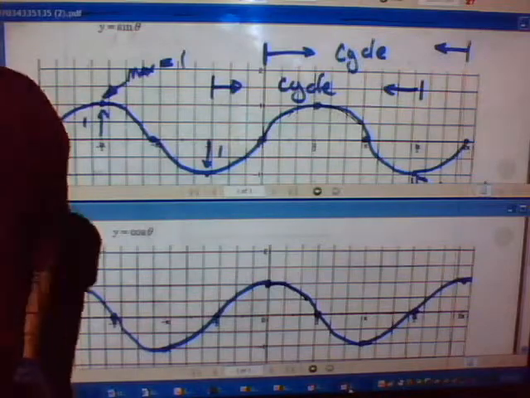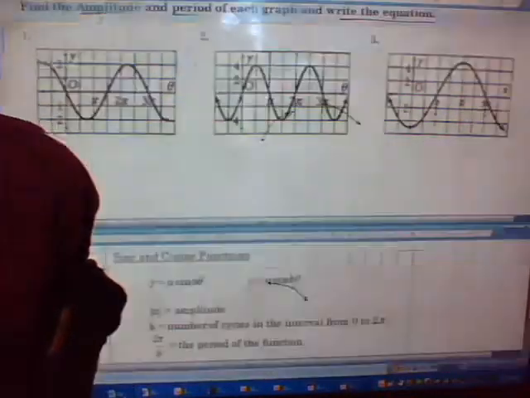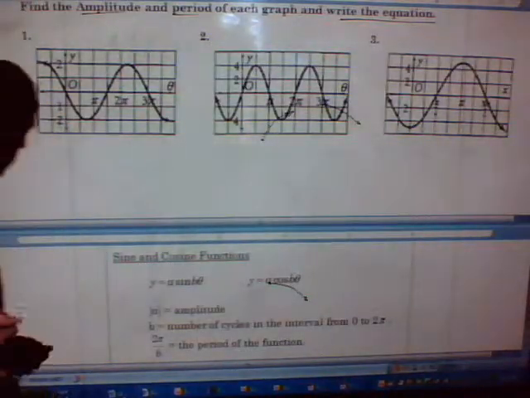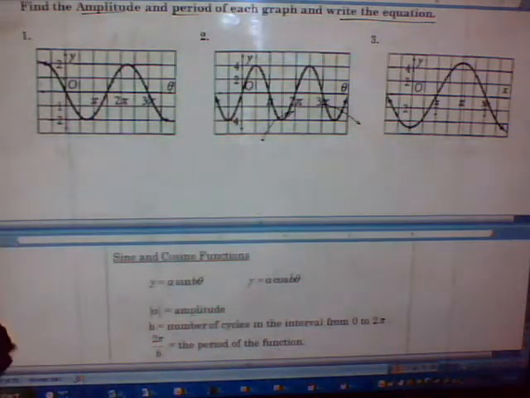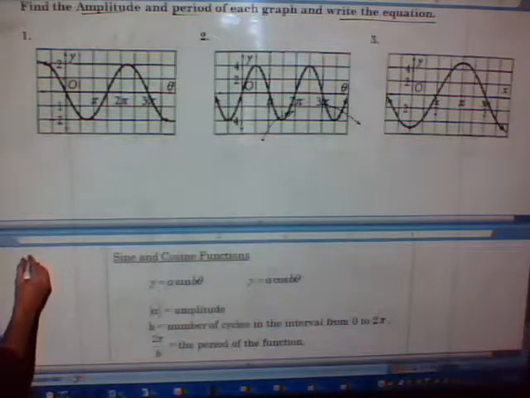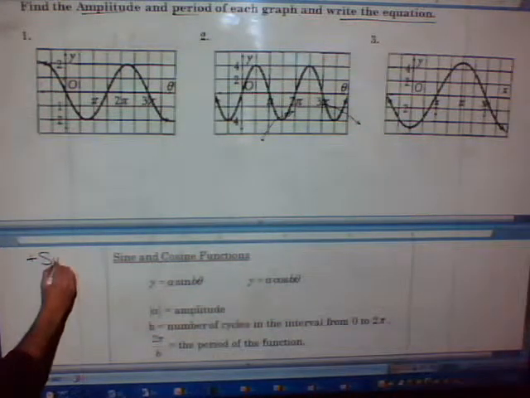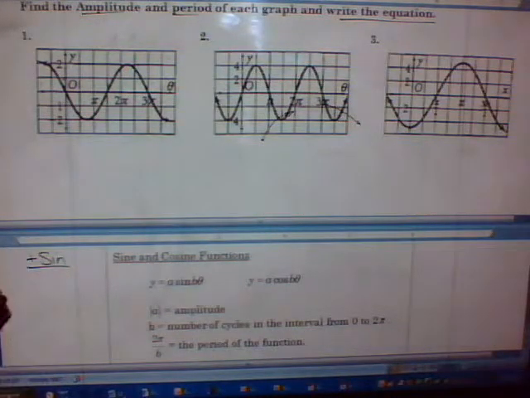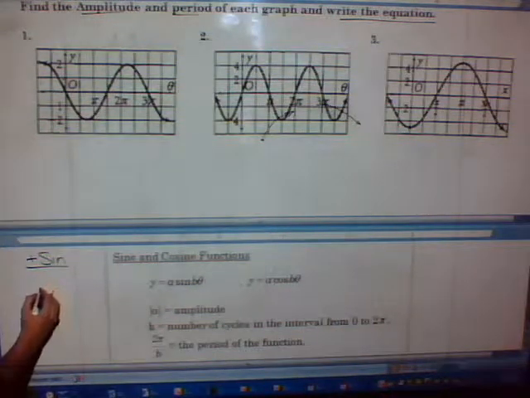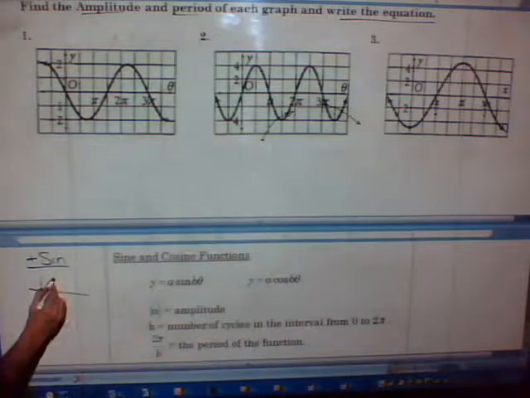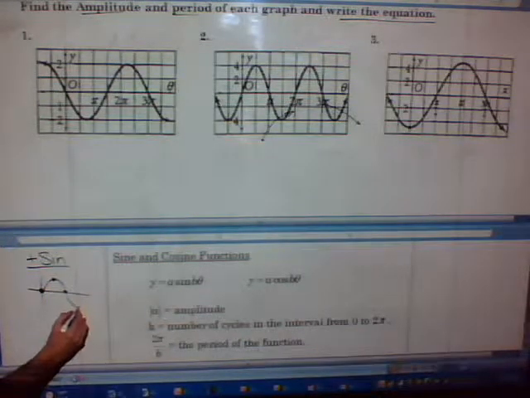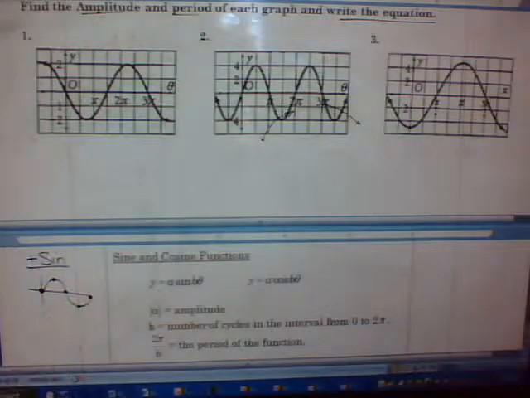Okay? So let's sketch that out for ourselves in our notes. We know that positive sine graphs would start at our origin, and then the graph is going to go up to positive 1, down to 0, down to negative 1, and then back to 0. That's what a positive sine graph does.